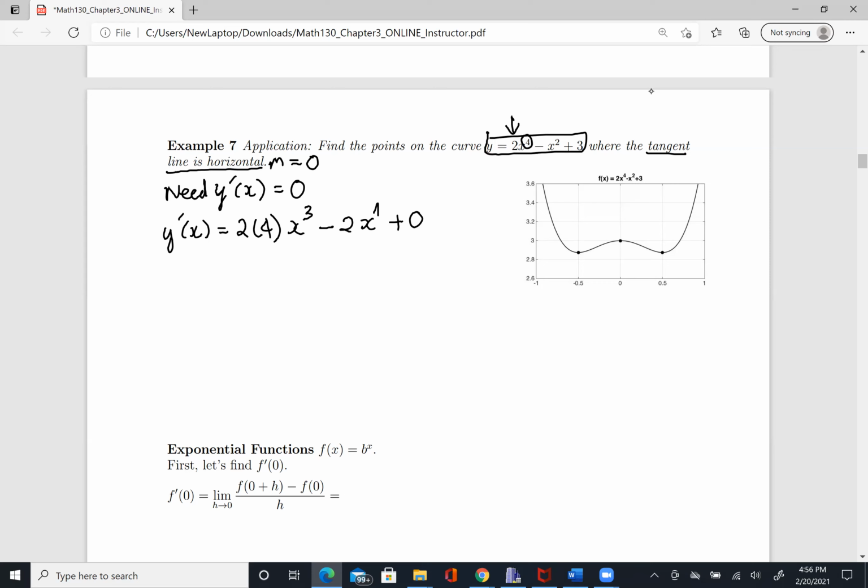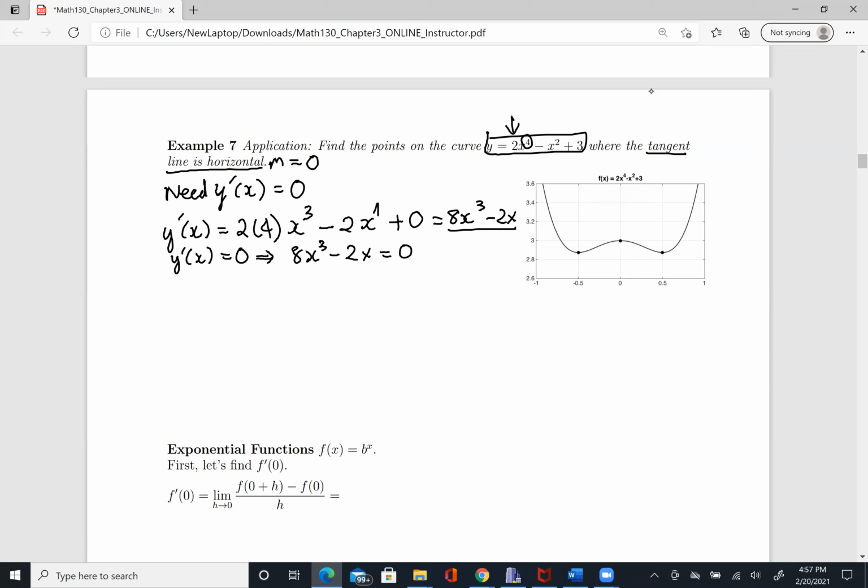What do we have? I have 8x cubed minus 2x as the derivative of x. I want to have y derivative of x equals 0. So then it means that 8x cubed minus 2x equals 0.